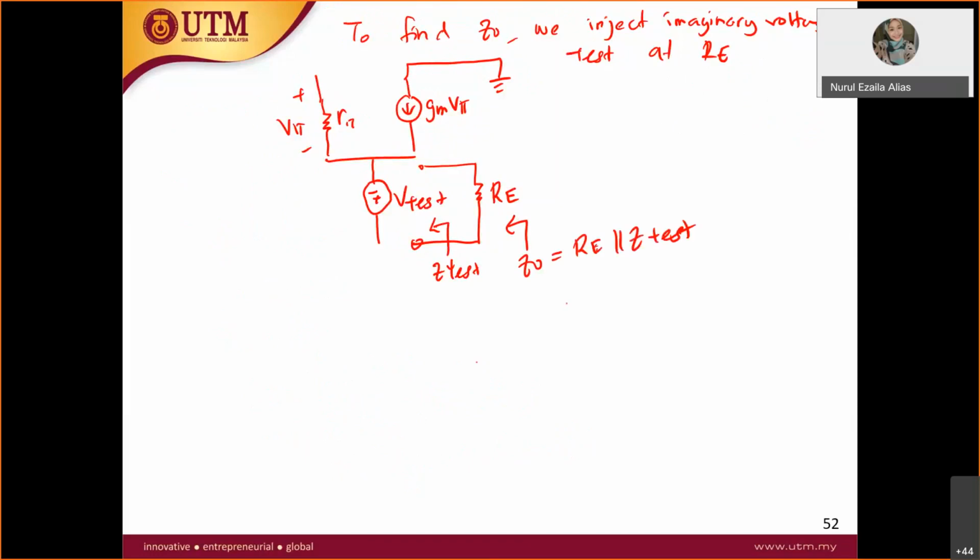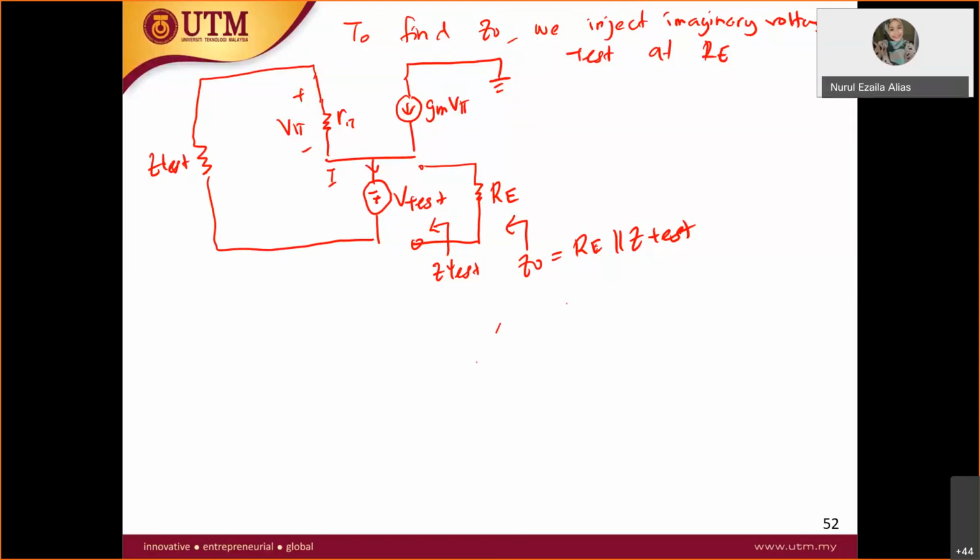So the same method like I have explained just now, where you do the V test, I test. So you need to find what is the V test and I test. So since this is going down, so this is your I test.